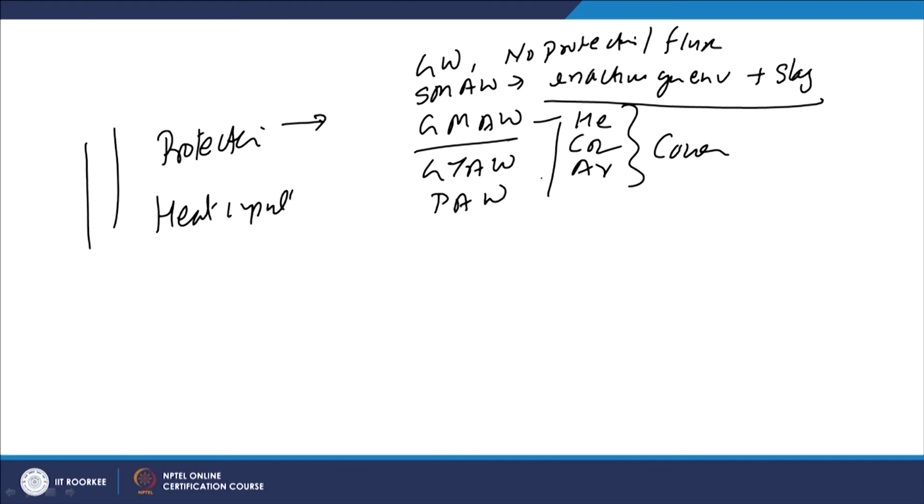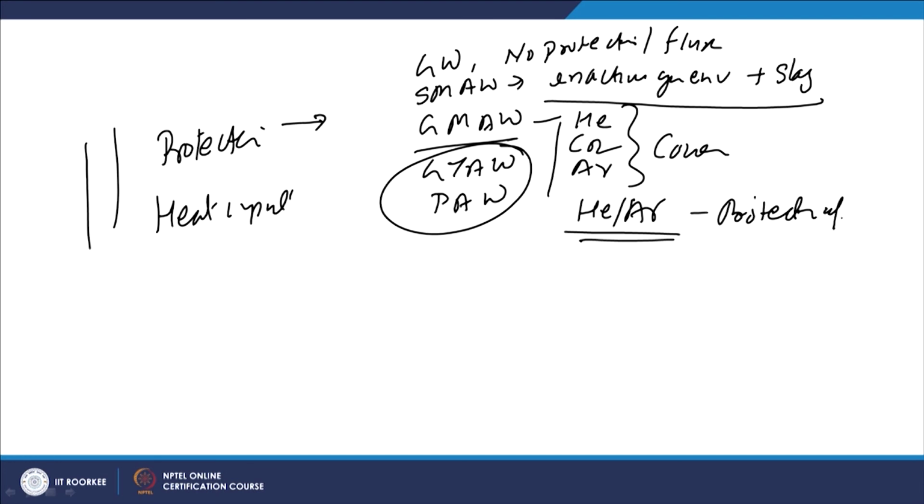The inert or inactive gases are used basically in these two processes, and we primarily use helium or argon, not CO2, for protection of the weld pool to avoid contamination and adverse effects related to the interaction of the molten pool with atmospheric gases. And then in the case of the electron beam, vacuum is used. That is very good, as it will not allow the interaction of the molten metal with any gas because of the vacuum.